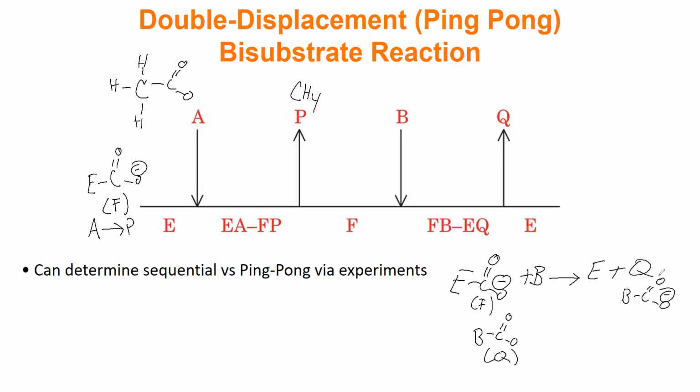And when trying to figure out if your enzyme does sequential or ping pong, you can only really do that through experimentation. You can't just look at an enzyme and figure it out. You have to do some experiments to do that. But are there questions about the sequential method versus the ping pong method?